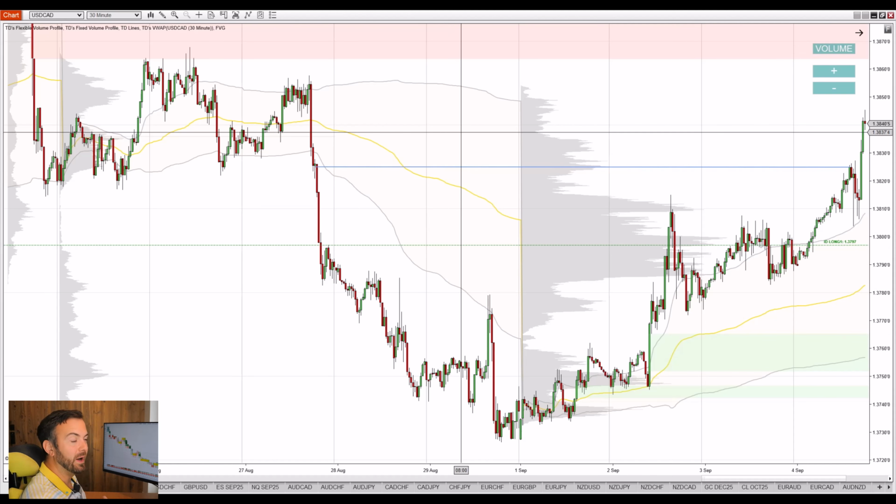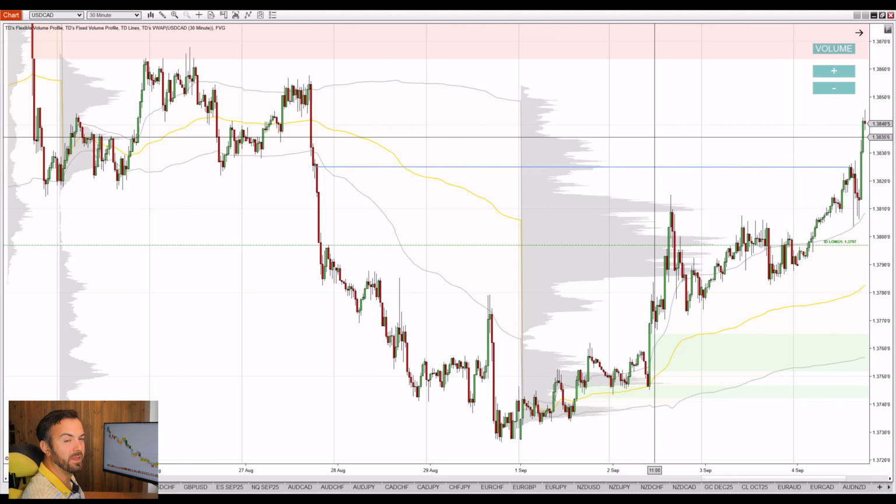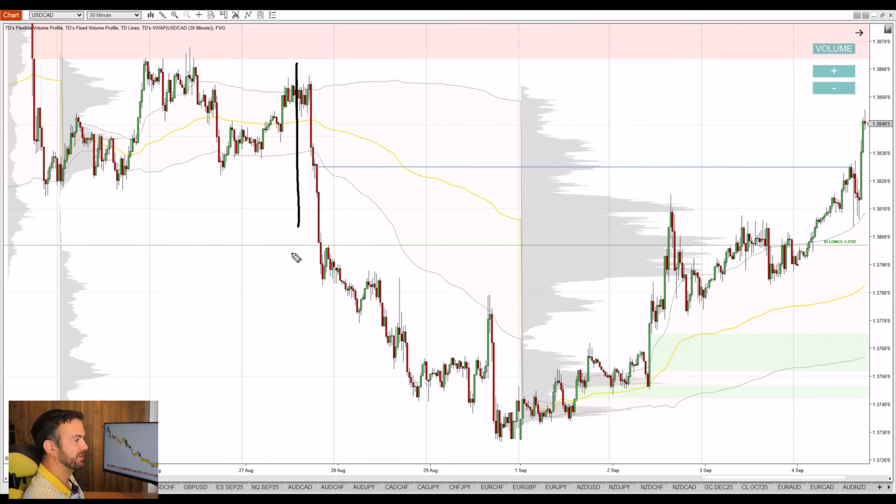And the reason why I picked this level is that I like that without volume profile you wouldn't really be able to pick this level, right? Let me show you. If you look in this trend area, this was a very sharp and strong sell-off. If you look just at the price action, you can't really tell where resistances are within this sell-off.